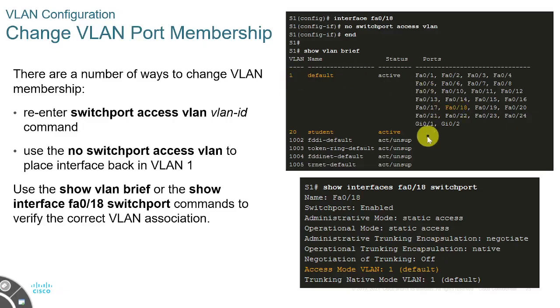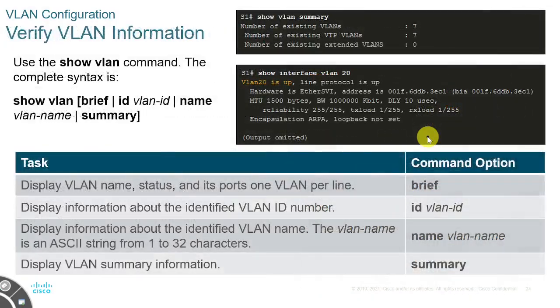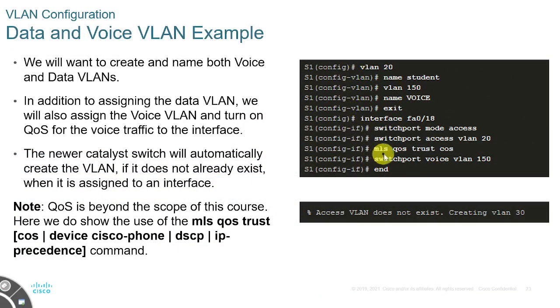So before, remember here, this interface was for VLAN 20 and 150, which is for student, right? So the port was for student, not for VLAN 1.